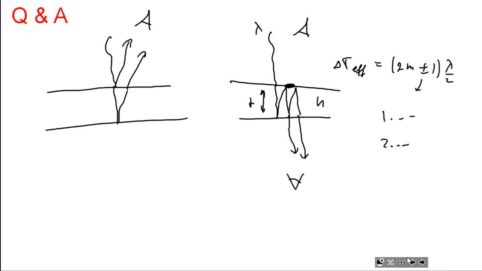Eventually, you would get to a certain m, but that m, even if it's different from this m, would give you the same thickness here. And when people use a plus, they start counting from 0. For me, it doesn't make sense, because 0's maximum exists, but 0's minimum doesn't exist. So why would you assign a number which doesn't represent any physical phenomenon? So that's why I use a minus, and I start counting from 1.